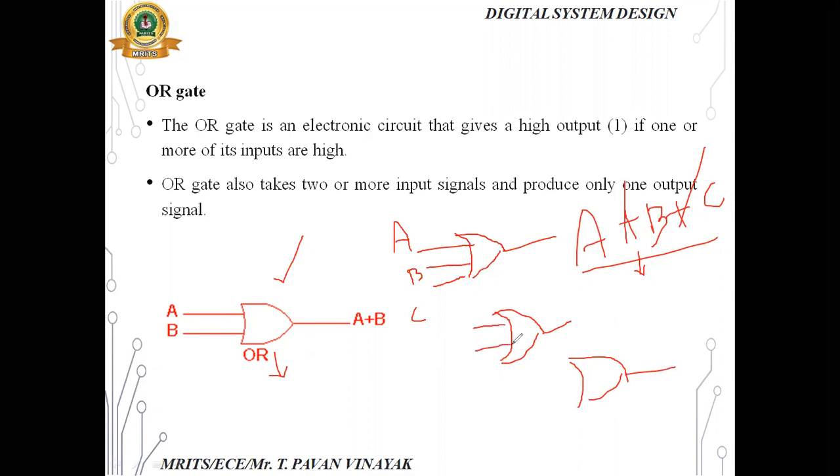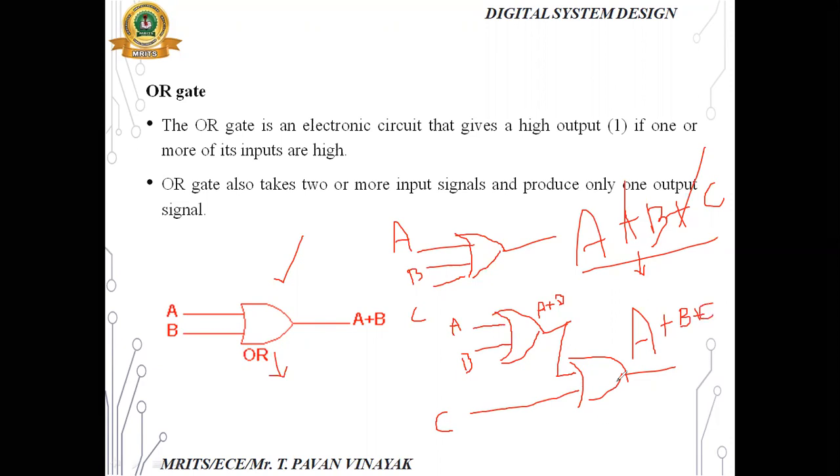For the first OR gate, write A plus B, and the output of the first OR gate is given as input to the second OR gate, along with C. This becomes A plus B plus C.